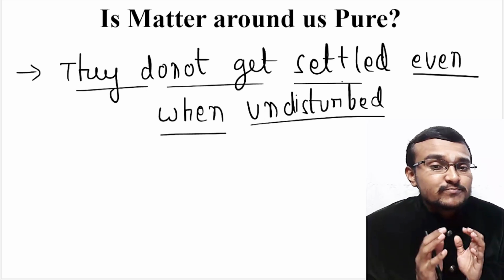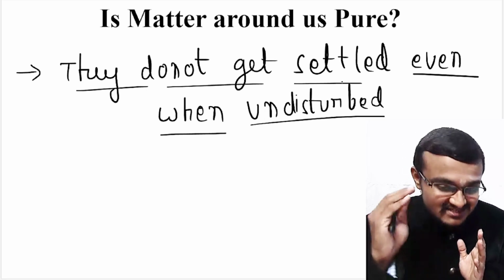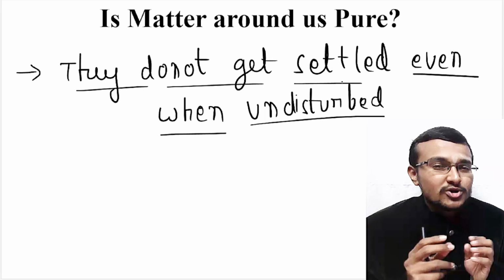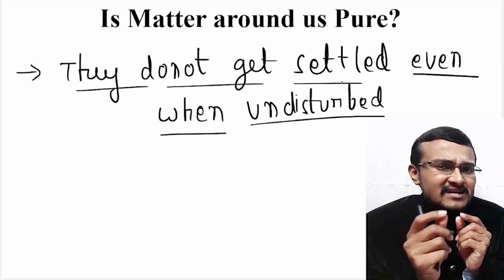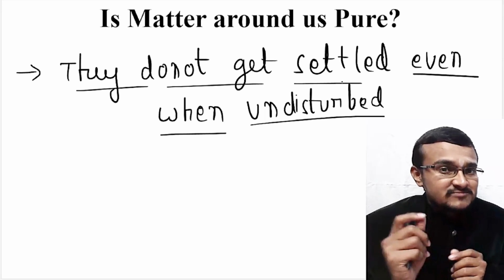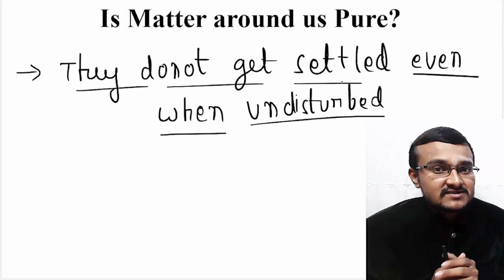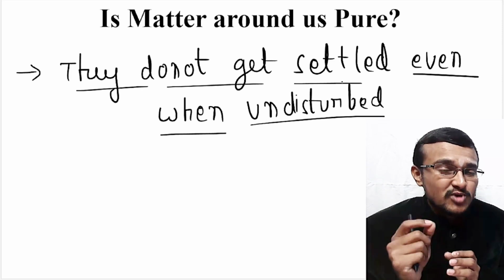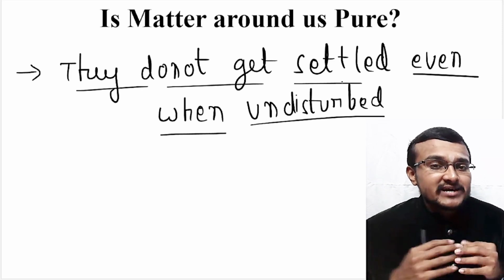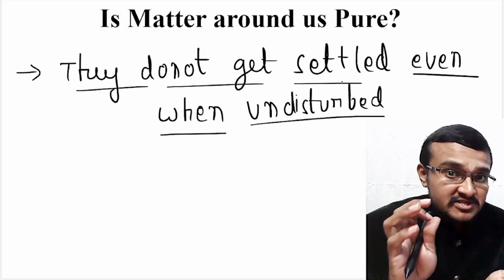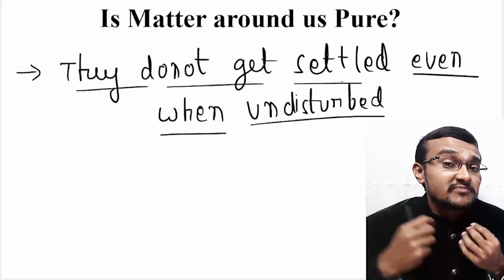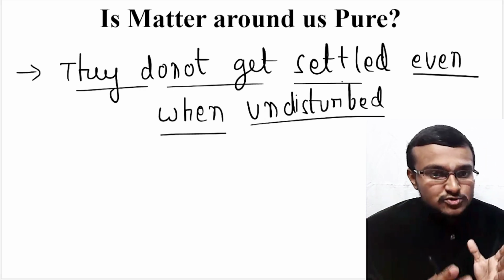So this doesn't prove that this is a homogeneous mixture. This is still a heterogeneous mixture. The only thing is the diameter is a little bit smaller than the suspension which we have discussed earlier. So because of the smaller diameter, these solute particles will be uniformly dispersed, not dissolved. They are uniformly dispersed throughout the solution.